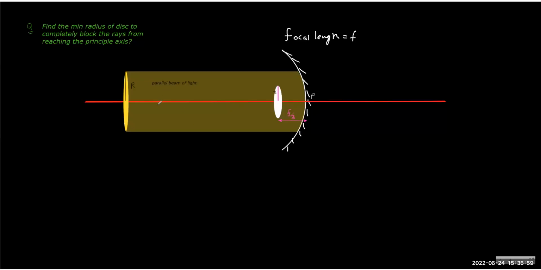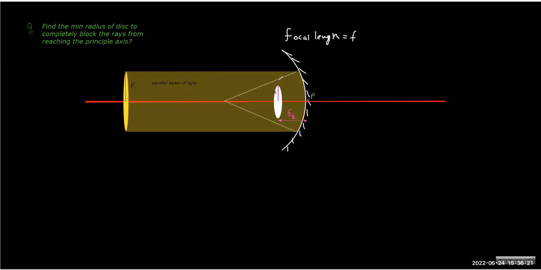Any parallel beam after reflection will try to meet where? At focus, correct? So let's say this beam after converging is trying to meet here. Then the disk must be of what size?